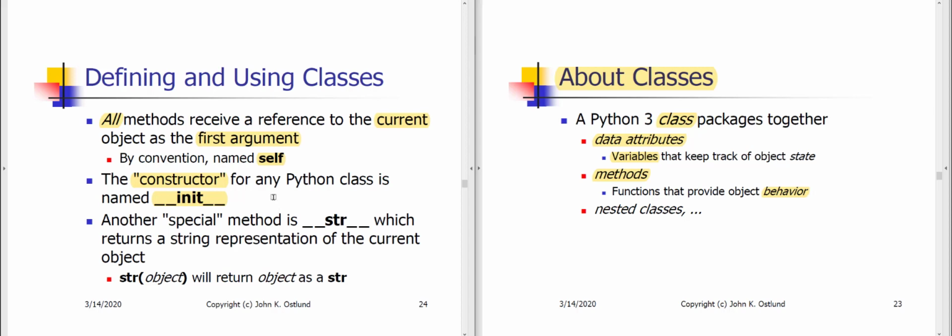We're also, for certain, going to want to be able to display the current object, an object of the class, in a human readable format. And so dunder str is another function that we should always create that is able to translate the current object, whatever data members it might have, into a str object so that the thing can be displayed. All right, so dunder init and dunder str we are always going to want to define for any class that we create.